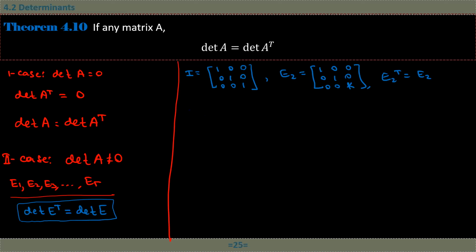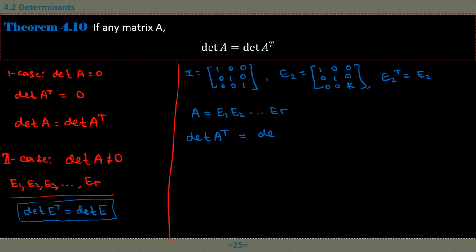Anyway, taking this as a fact, we are assuming that by applying r elementary row operations, I can reduce A to its reduced echelon form, which is equal to I. Now we can write A equals E1, E2, ..., ER. Then what is the determinant of A transpose?